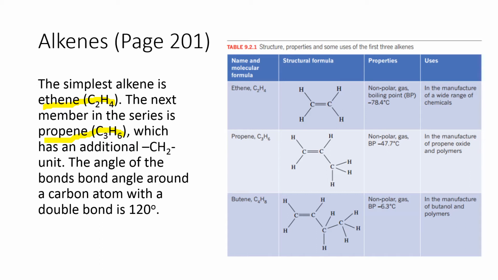The bond angle around a carbon atom with a double bond is 120 degrees. You can see the structure is different from what we have for alkanes.